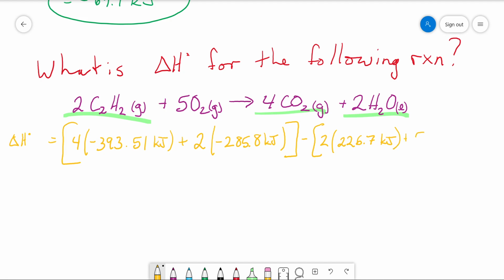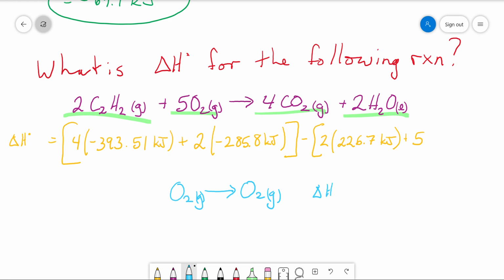plus 5 times, let's do oxygen. Now I have a question for you. What's the reaction for the formation of oxygen from elements? So if we're forming O2 gas from elements, what elements does it form from at standard state? O2 gas.